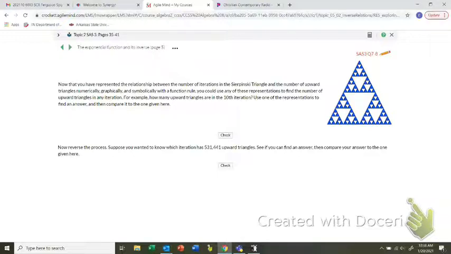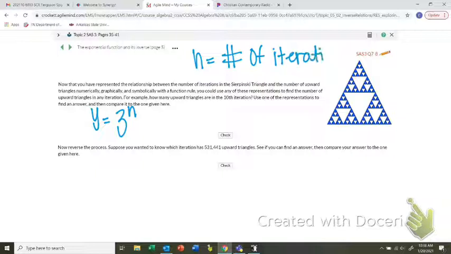All right, your function rule was y equals 3 to the n. n was our number of iterations. So we're going to plug in 10 for n. So we have y equals 3 to the 10th.